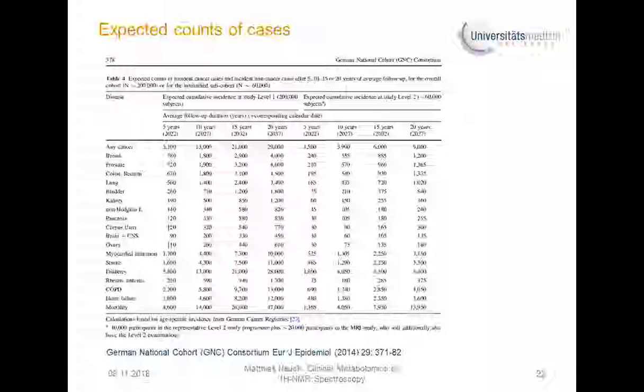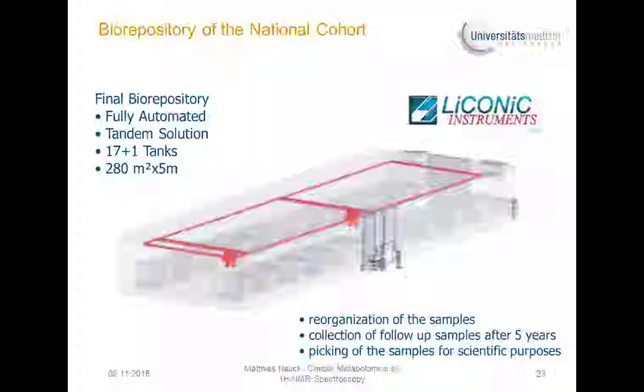This is quite a lot, but when we differentiate our cancers into breast, prostate, colon, lung, and so on, the affected number is quite low, and therefore it's very important to have such a huge cohort that we are able to look at these cases with small numbers of cancer more in detail, and that we will be able to detect, for instance, biomarkers which will be helpful in future to detect these persons as early as possible.